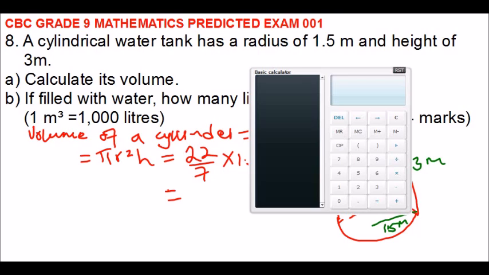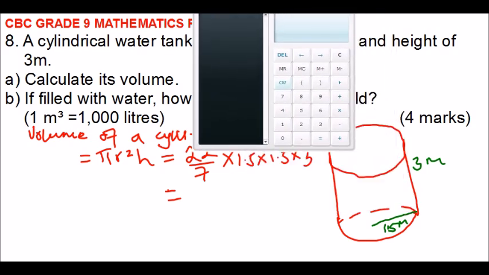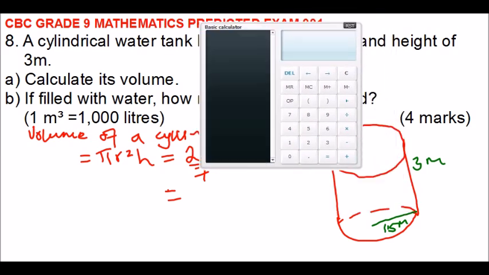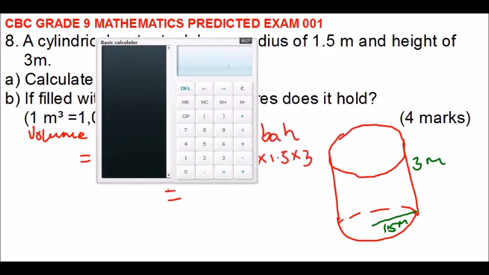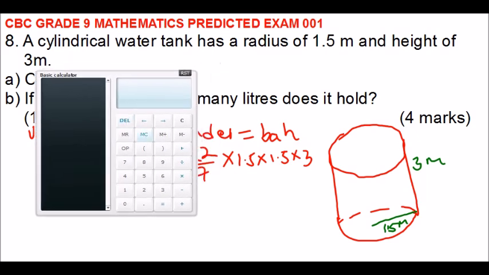It's a basic calculator, and we can say okay, 22 divided by 7, multiply by 1.5, multiply by 1.5, and you multiply by 3.